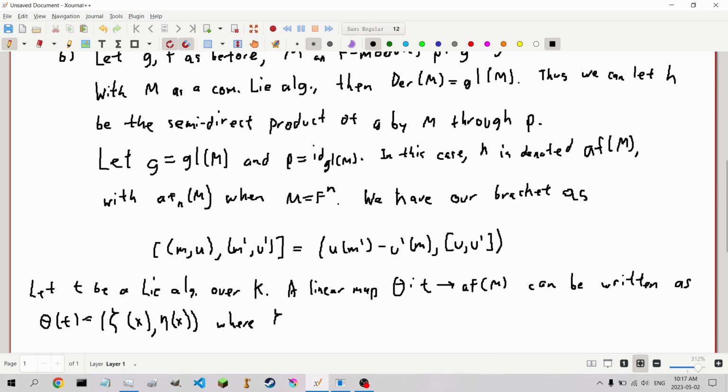Where these two functions we have here, from T to M, and of course the other one you can see obviously is going to be from T to the general linear of M. These are both going to be linear, obviously.